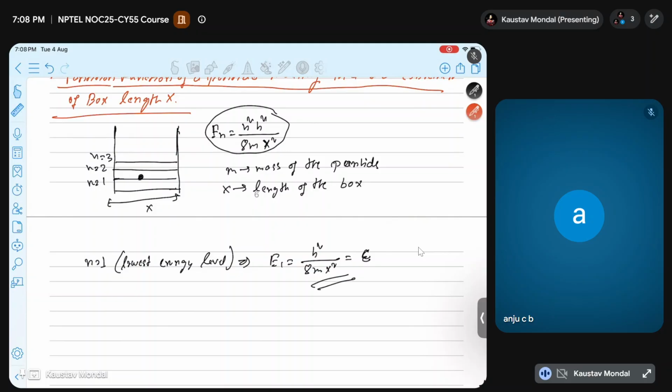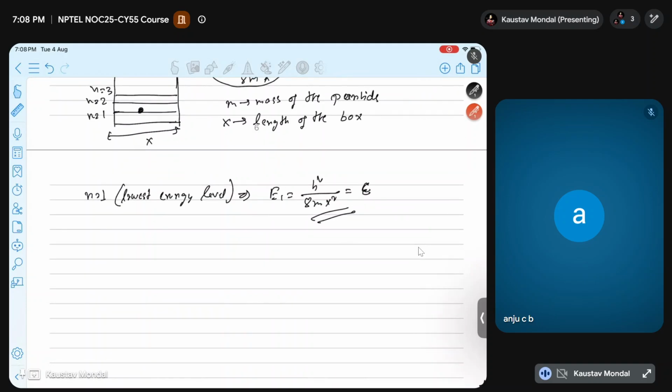So to make this whole system a uniform energy ladder, what we can do is subtract each of the energy levels by this ground state energy. By doing that, we are basically scaling down the values of each energy level, so the lowest energy level will also become 0.